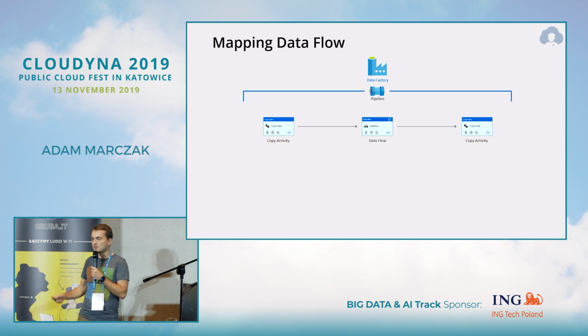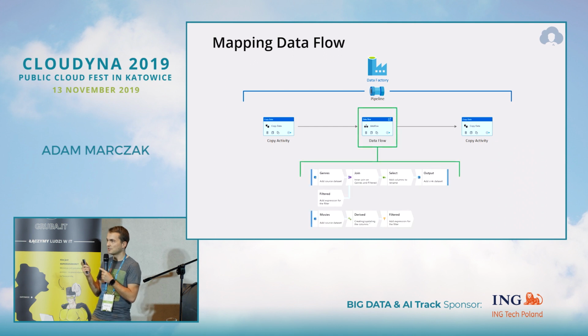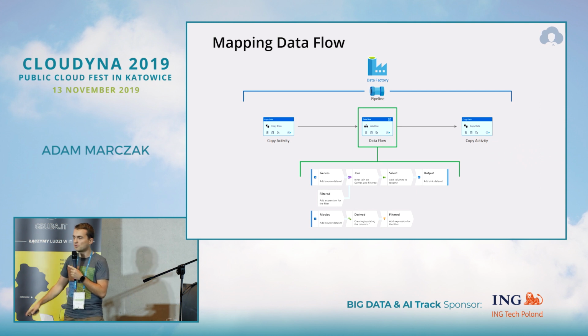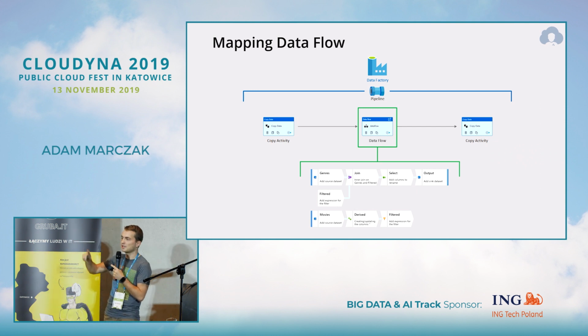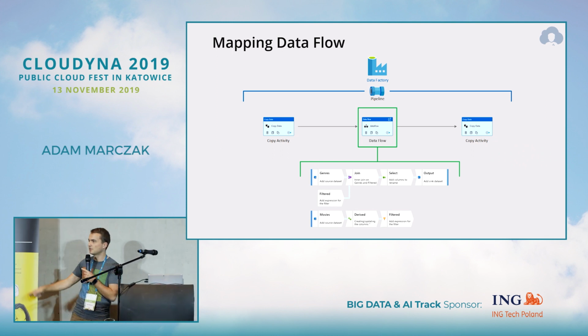With data flow, you just replace that one block, so the entire data flow is still one action, but within that action you have that entire flow that I showed you. So it's like a nested flow. That also means that between those arrows there's no data movement, so that entire data flow has to be an end-to-end scenario. It has to grab data, transform data, and put data somewhere.